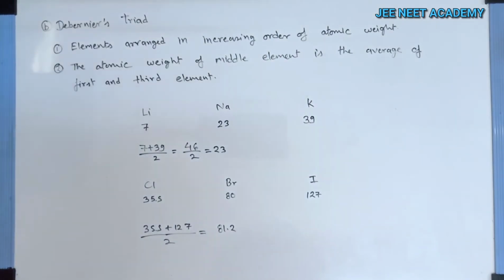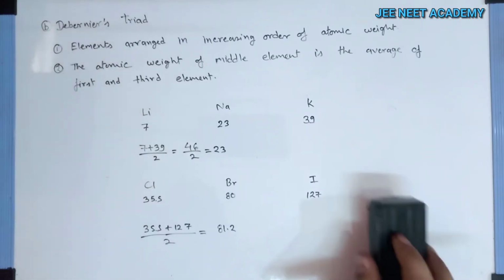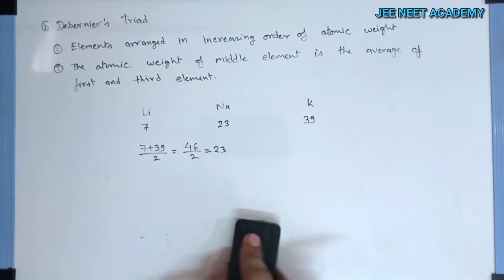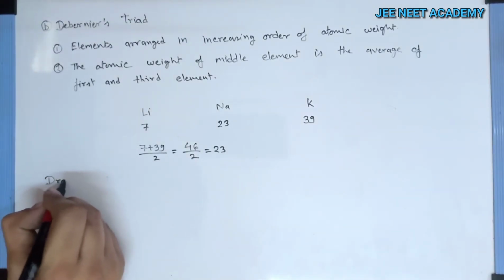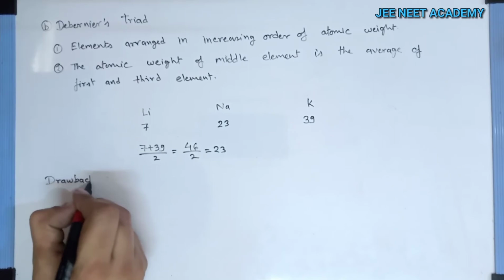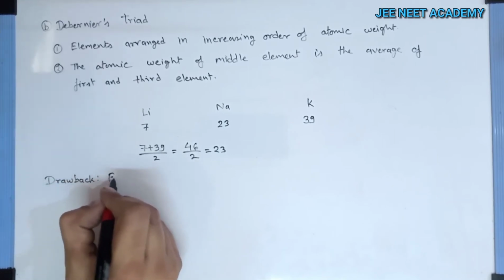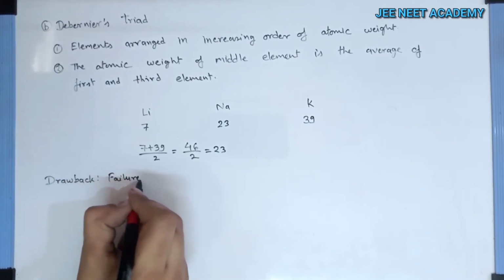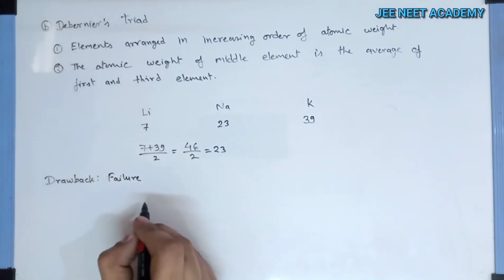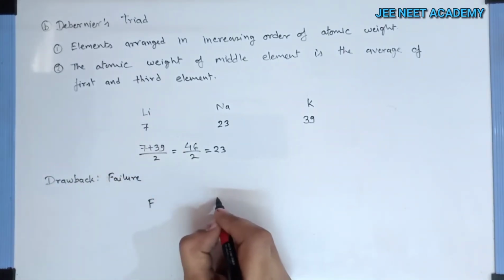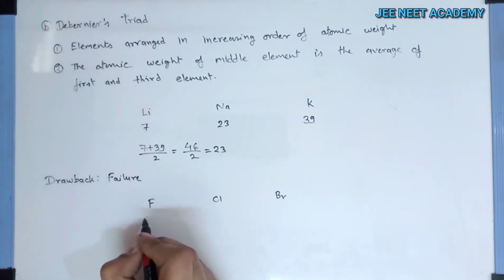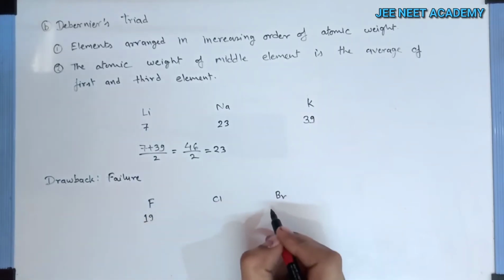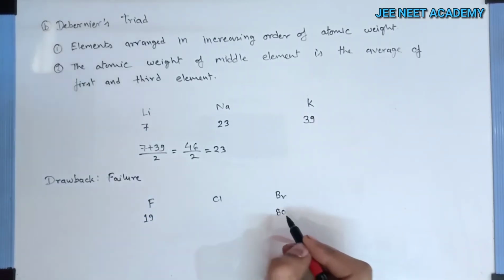Now the drawback or failure of Dobereiner's triad. Okay, I am raising the second example, drawback or failure. In this, if you take fluorine, chlorine, bromine, atomic weight of fluorine is 19, bromine 80.